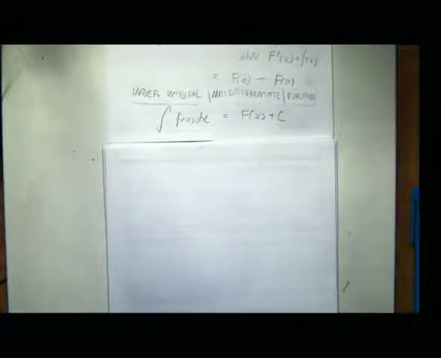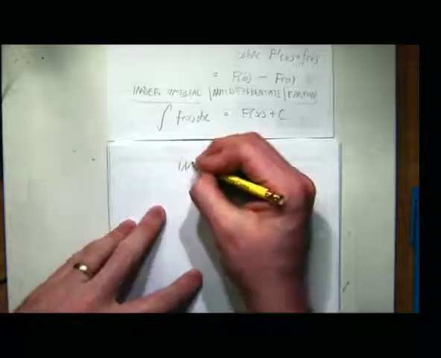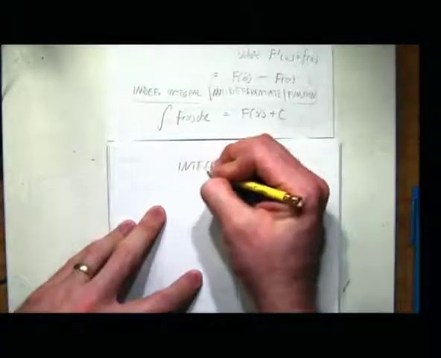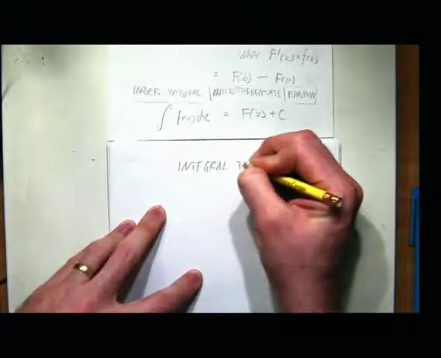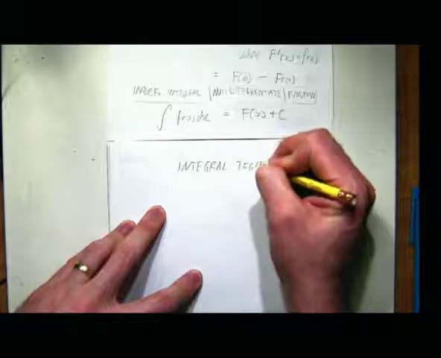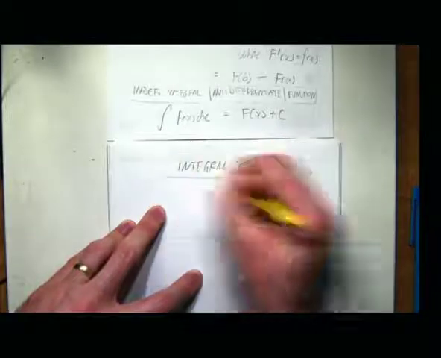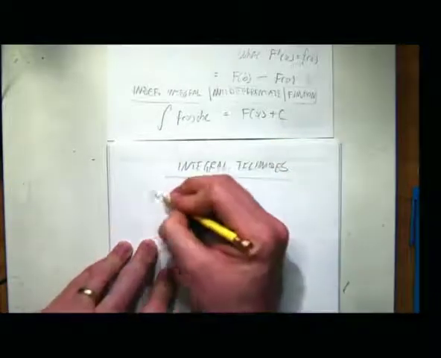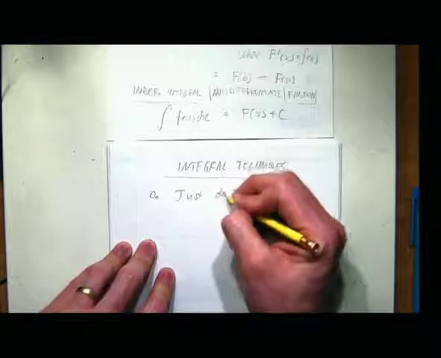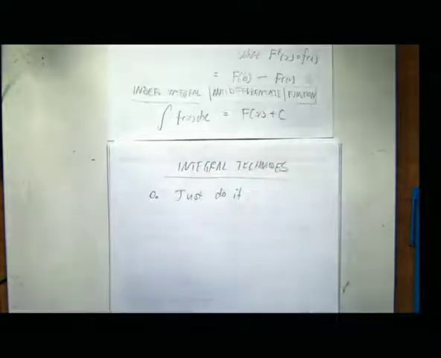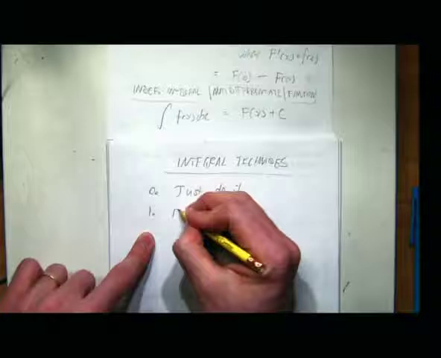So this is my list of integral techniques. Technique 0 is just do it. Doesn't really count as a technique, you just have the answer already because you know what it is. And technique 1 is rewrite it first.